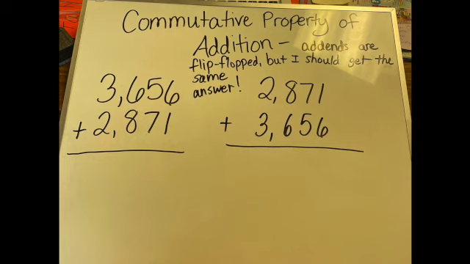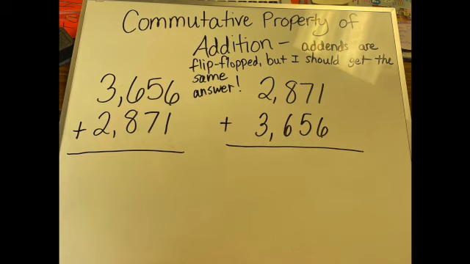So I have the problem 3,656 plus 2,871. The problem on the right is the same problem, but the 2,871 is on top, and then the larger number was on the bottom. Remember, the commutative property says they should have the same answer. So let's test it out.